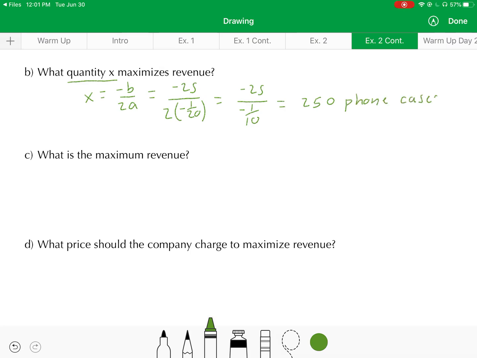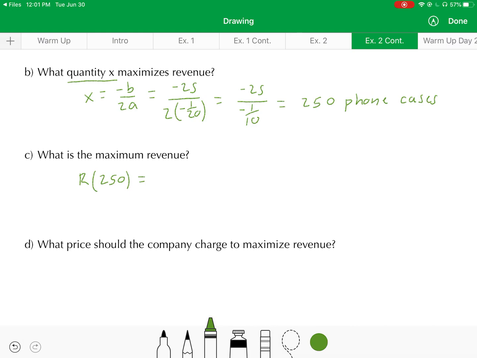So to maximize our revenue based on the demand equation we were given that's relating how many units you're selling with your price, we want to sell 250 phone cases to maximize that revenue. Okay, well, what is the max revenue? All you need to do is take your function R and evaluate it with the X value you just came up with.